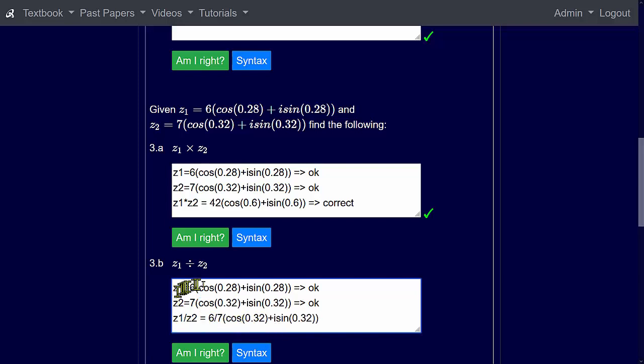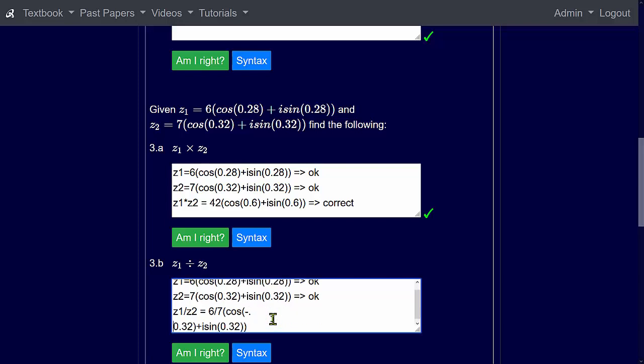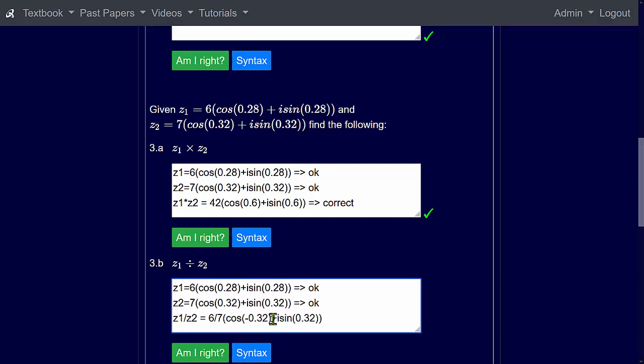Now it's Z1 divided by Z2, so it's 0.28 minus 0.32, which is minus 0.04, and this will also be minus 0.04. 32 minus 28, yeah, that's right. So are we right? Yes, we are.